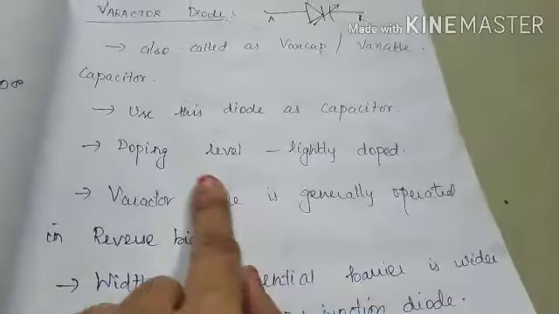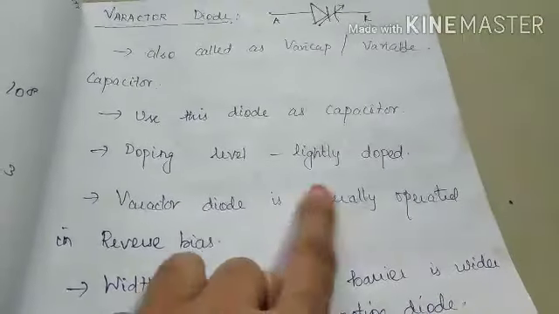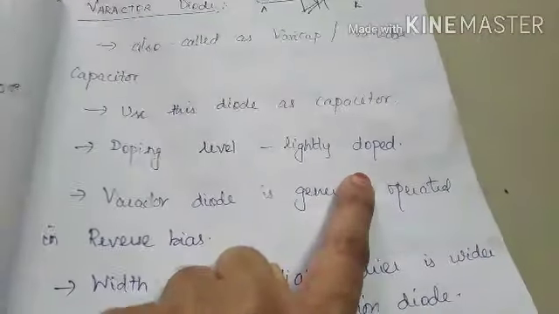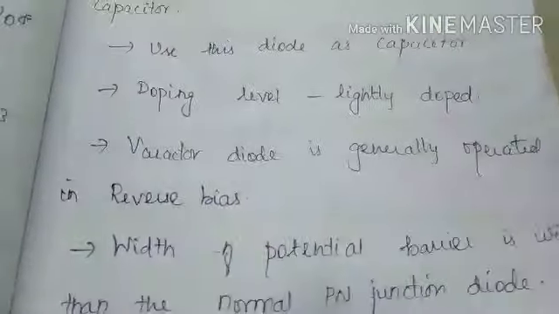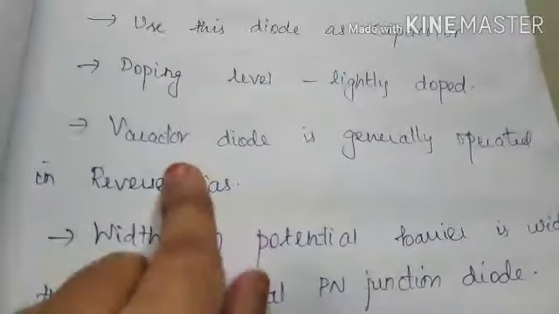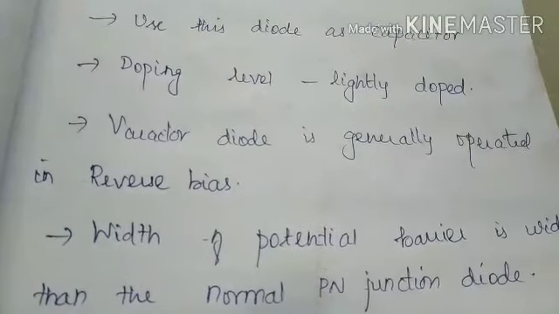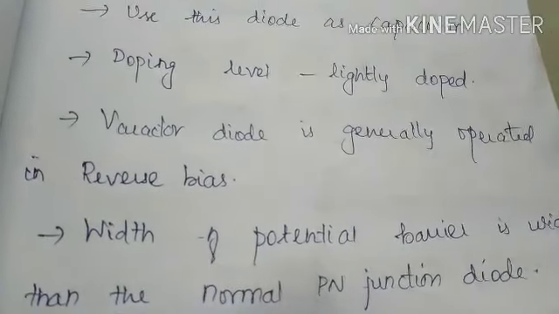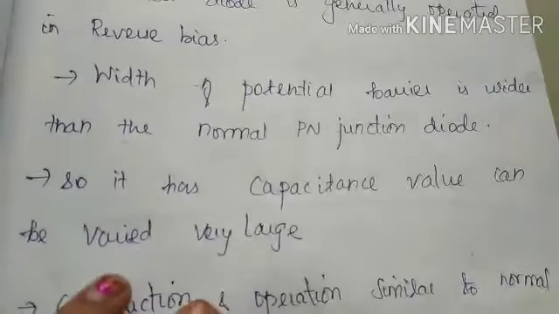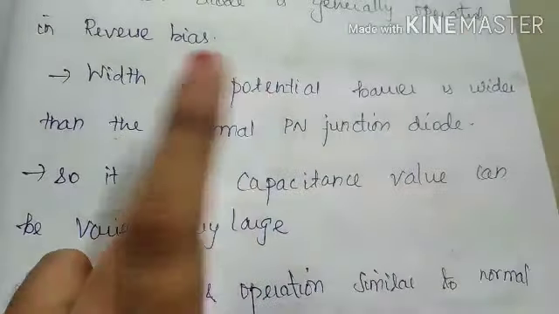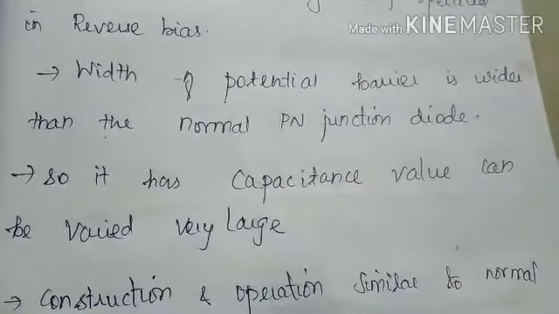The doping level of this diode is lightly doped. This lightly doped diode, that is the varactor diode, is generally operated in the reverse bias condition. So the width of the potential barrier is wider even when compared to the normal PN junction diode.